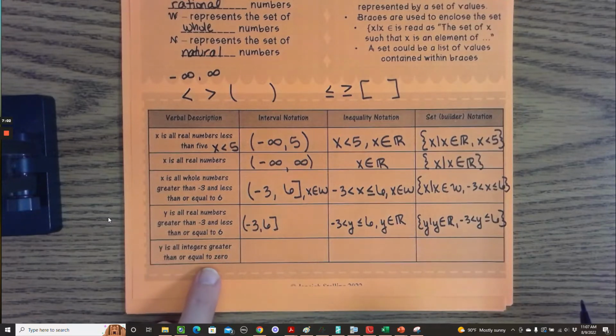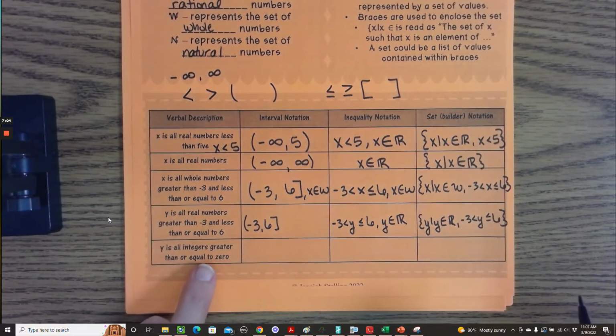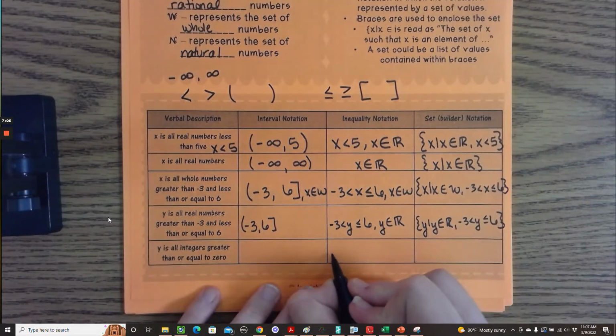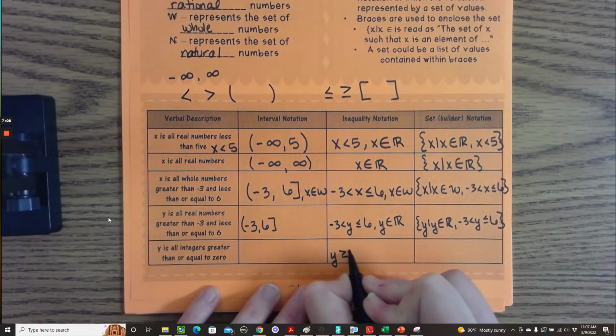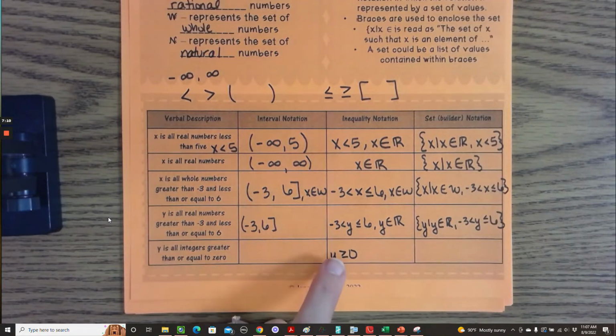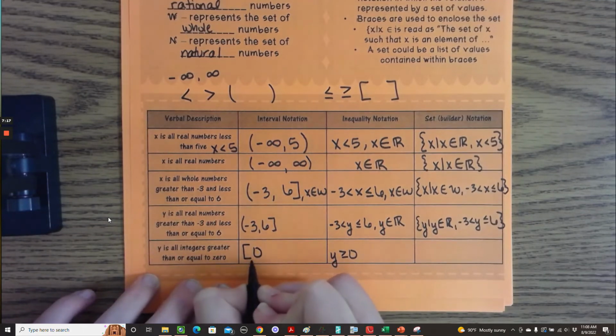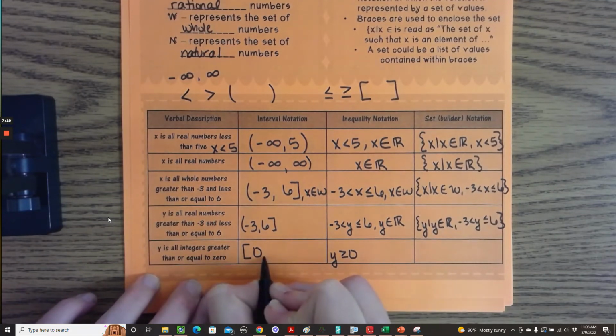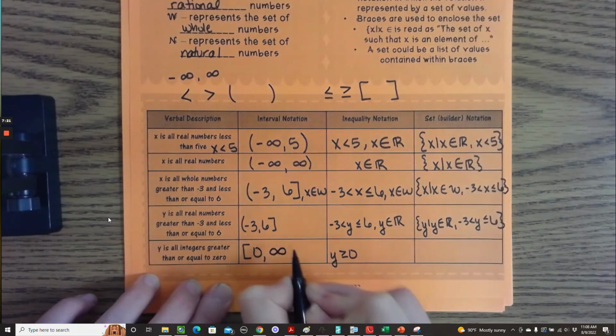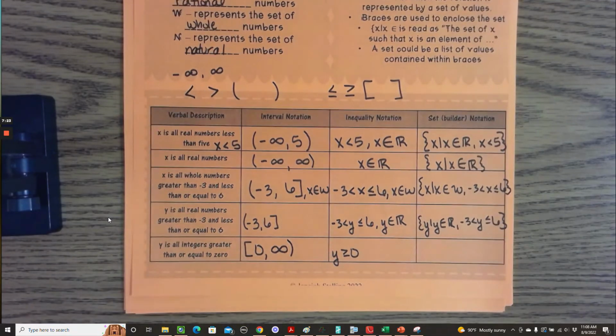And then finally, y is all integers greater than or equal to 0. So y is greater than or equal to 0. We're going to start at 0 and get bigger. I would write that with a bracket because we're starting at 0 and go all the way to infinity, and infinity always gets a parenthesis.